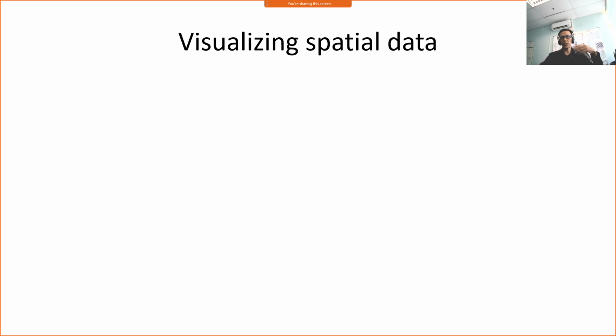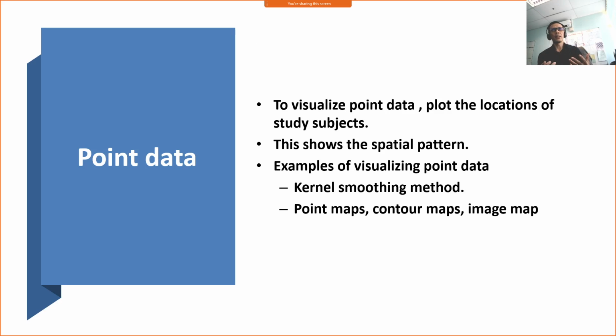So that's basically analysis that you could do, and you might also want to visualize spatial data. You can visualize point data. By looking at the point data, you can see the locations of the study subjects or patients or participants, and by looking at these points you can see maybe a spatial pattern.